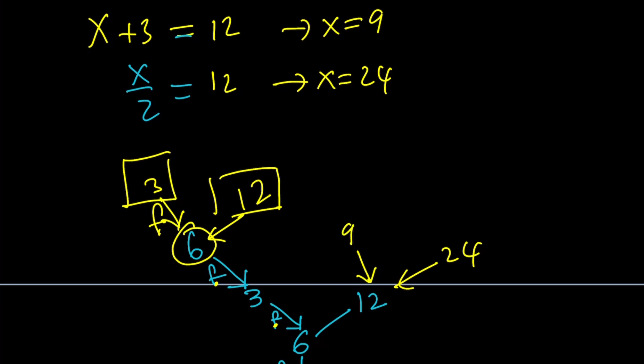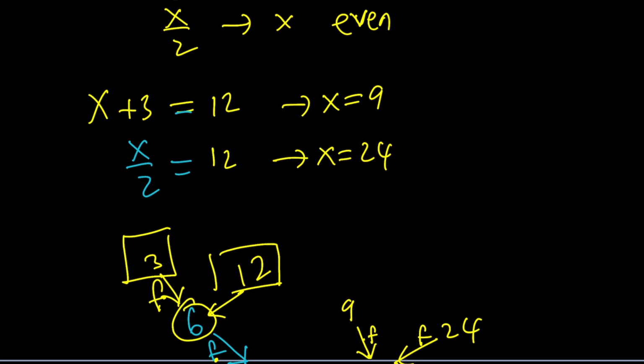Make sense? But we do need more applications, obviously, because we need it 4 times, right? If you apply f 3 times, 1, 2, 3, we do need 4 times. So we still need to go up a little bit more from the 9 and the 24. So those are branches, but we need one more. How do you get 9? Let's set these numbers equal to 9.